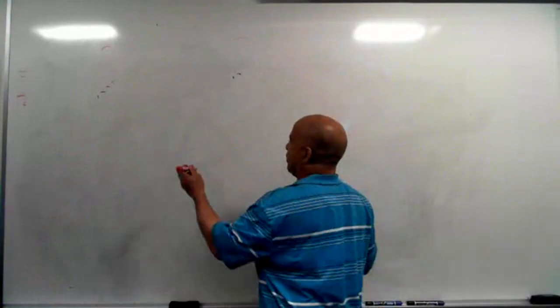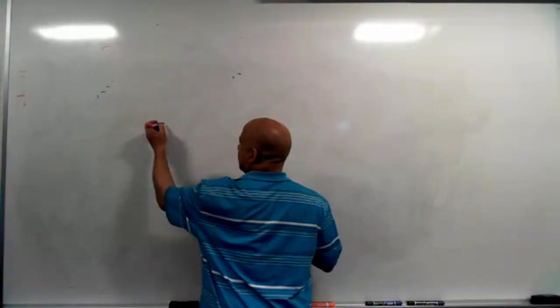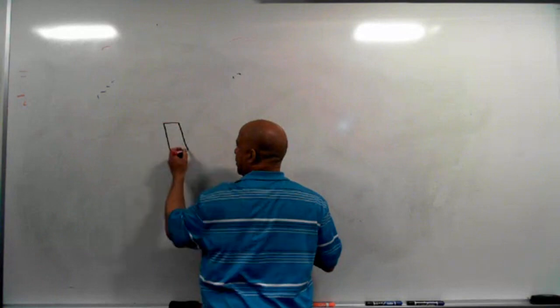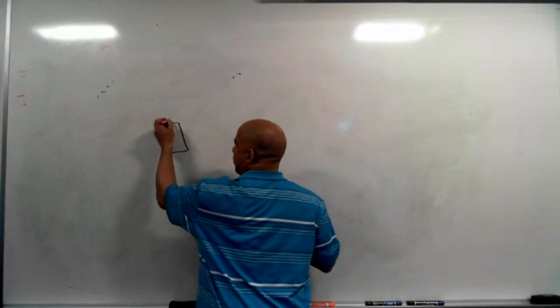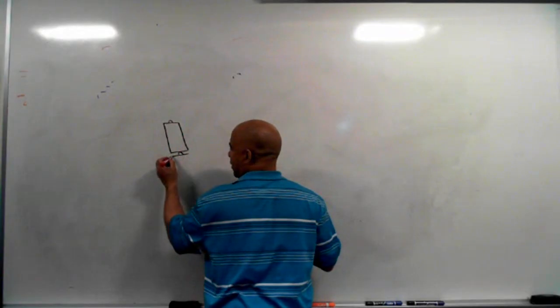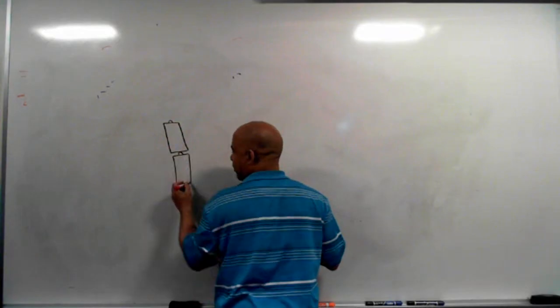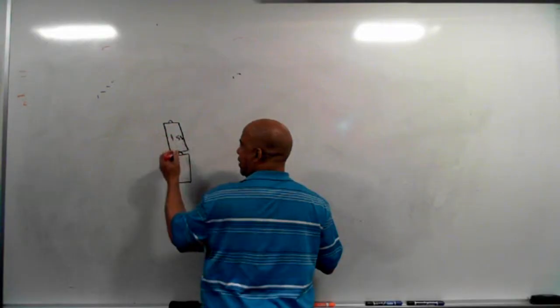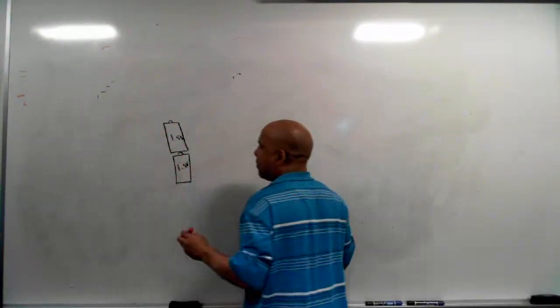Well, say the battery is like this, and you've got that little bump. Then you put another one in the flashlight. Let's just say it's 2 batteries. This is a 1.5 volt battery, and this is a 1.5 volt battery.